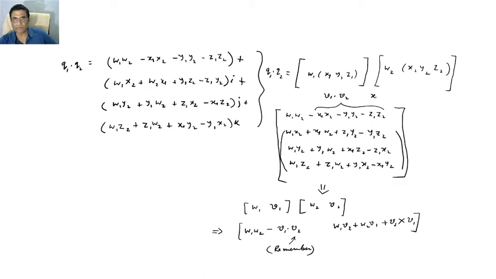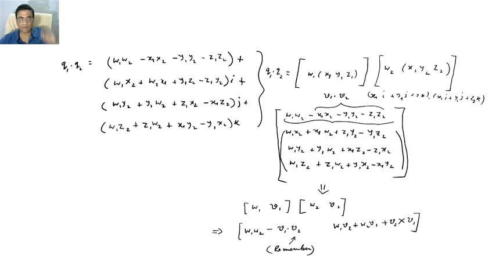Because you have x1 i plus y1 j plus z1 k, dot product, nothing else, so x1 x2 and minus, so this is minus x1 x2 and then y1 y2. That's it. So this is done. This is actually this, and the rest you will have to just calculate yourself, very easy.